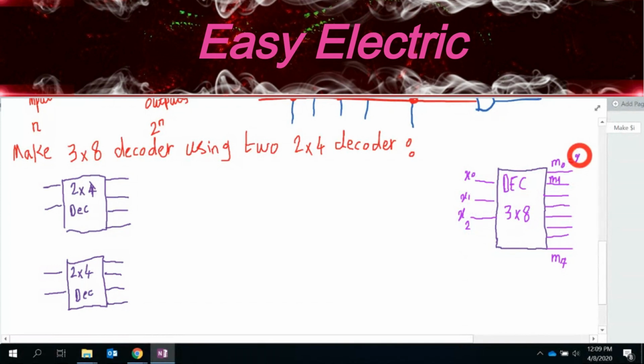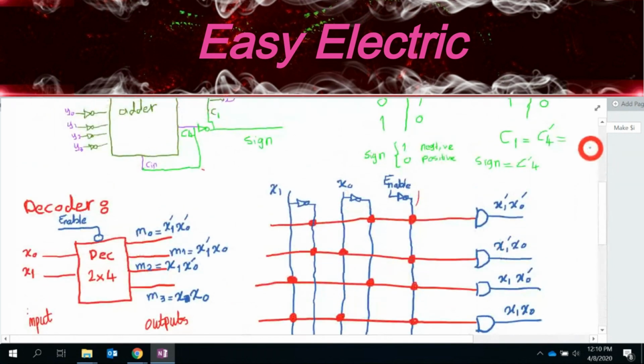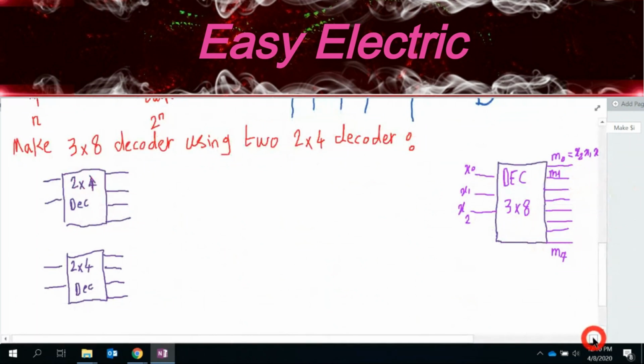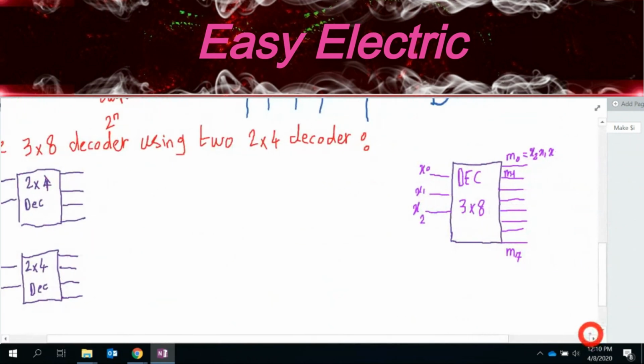So that midterm should be x2', x1', x0'. And the last one should be, with all of them unprimed, x2, x1, x0. I'm not writing the others, you already know that.